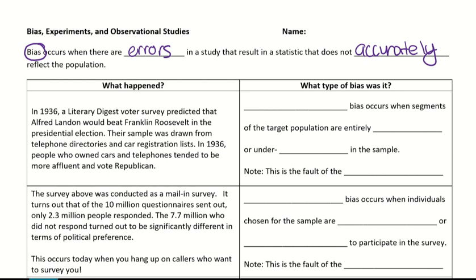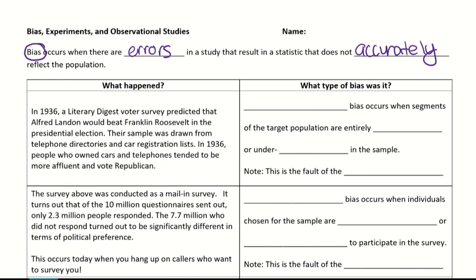In 1936, people who owned cars and telephones tended to be more affluent and vote Republican. If we think about people today who own cars and telephones versus people in 1936, we know that a lot more people today own cars and telephones. In 1936, it means that everybody who didn't own a car or a telephone was left out, and that was a lot of people.